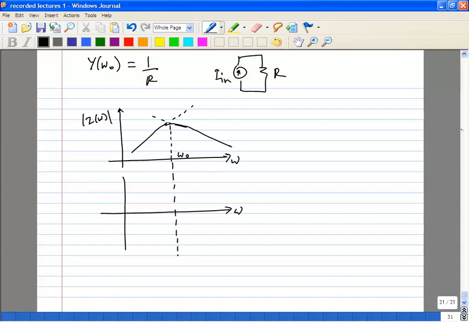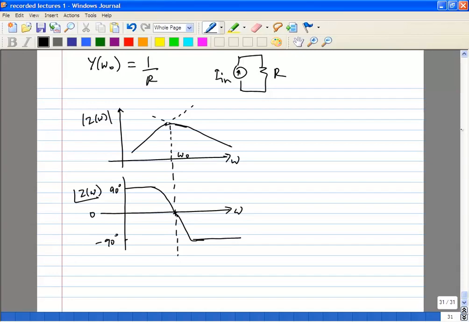So what happens at very low frequencies when it's inductive? It's going to have plus 90 degrees, and at very high frequencies when it's capacitive it's going to have minus 90 degrees. And of course at resonance the impedance is purely real, so it passes through the 0 degree point.